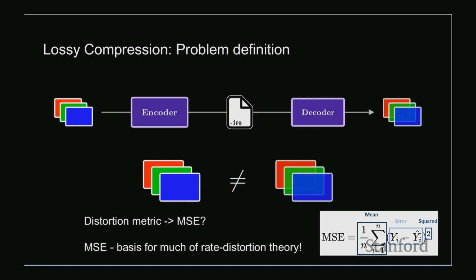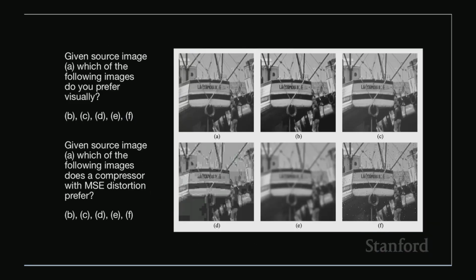But let's do an exercise for images, okay? Here are 6 different images. This A image is my source image. Given the source image A, which of the following images would you prefer, visually?